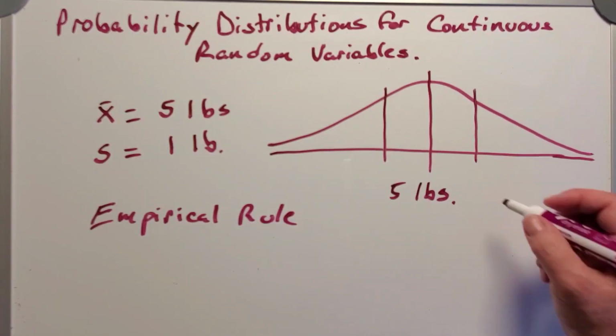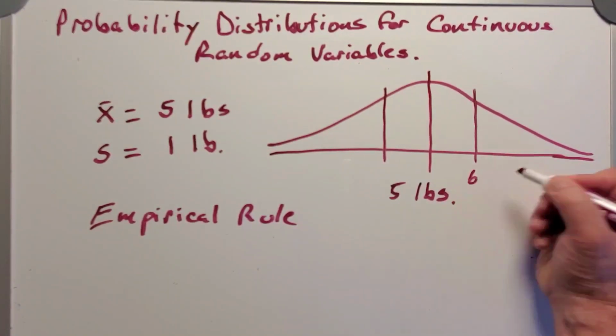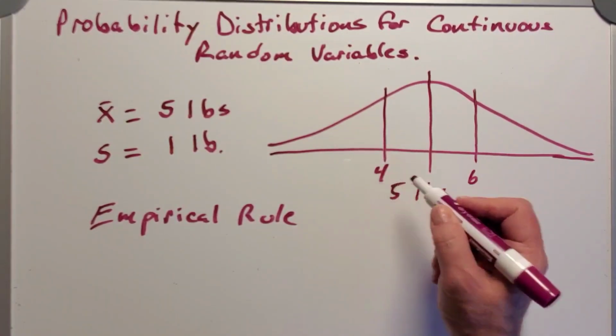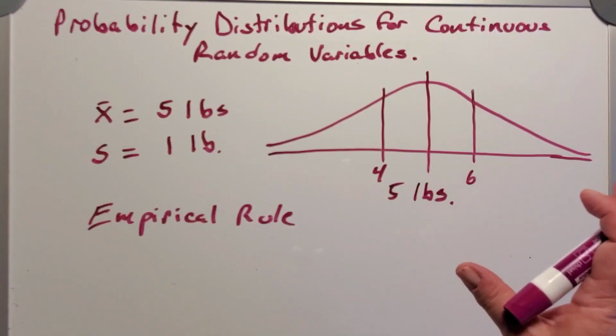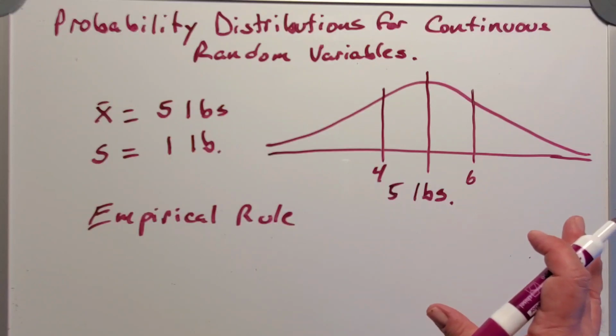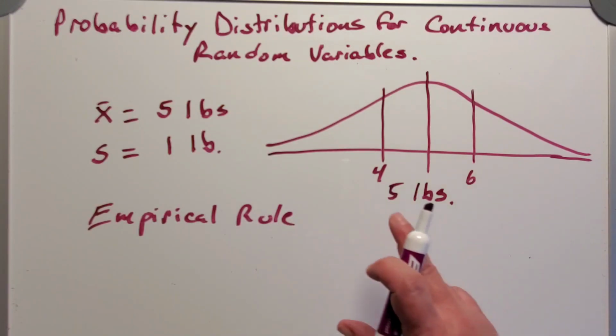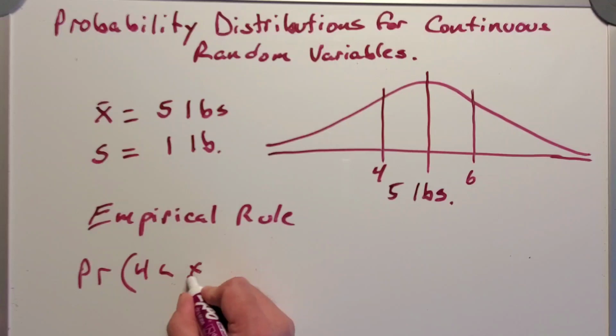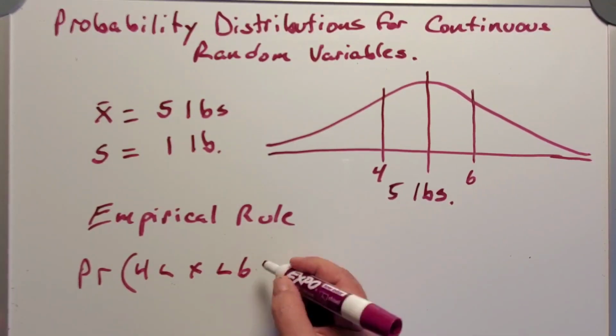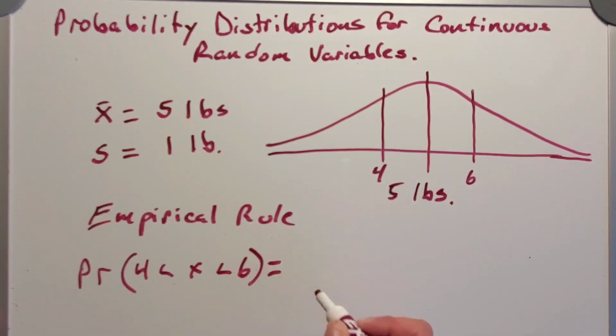Let's say that we are asked the question, what is the probability that if we randomly selected animals from this population at birth, that they would be between 4 and 6 pounds? And that would be, we could write it this way. That would be something that we could answer using the empirical rule. And I'm going to go ahead and answer it in a second.